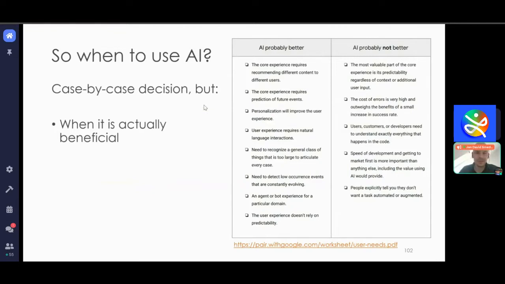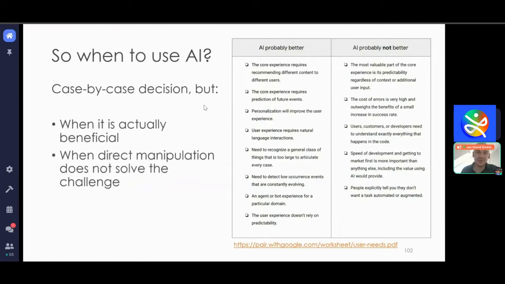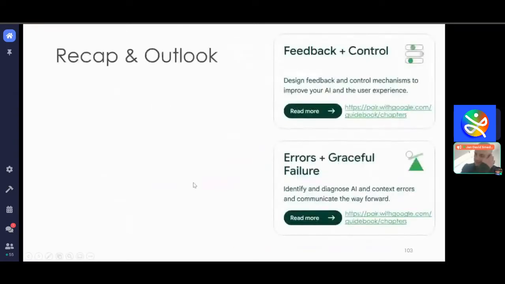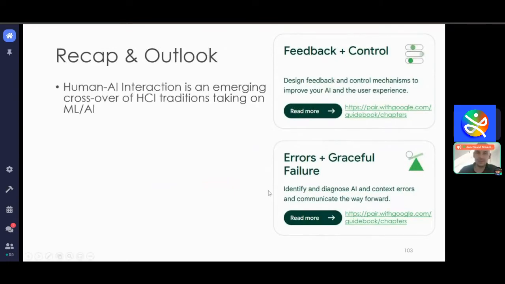But generally, when it's really, really beneficial, when direct manipulation does not solve the challenge, and when biases and risks can be managed. And that's just a recap of the last session.